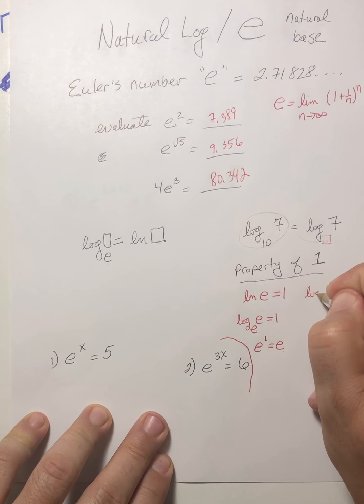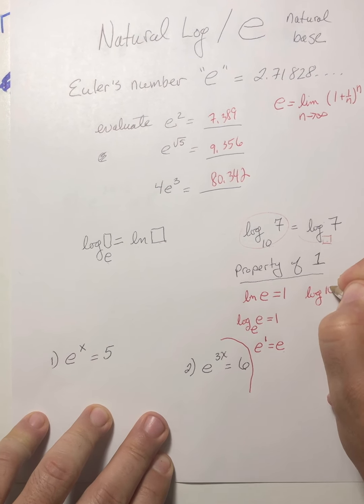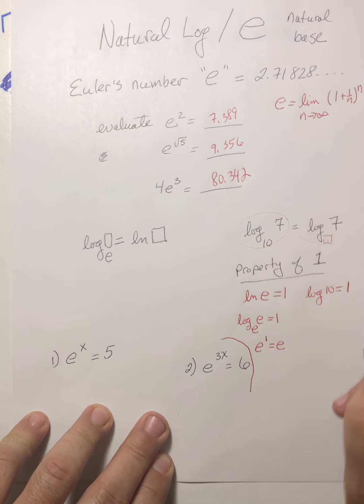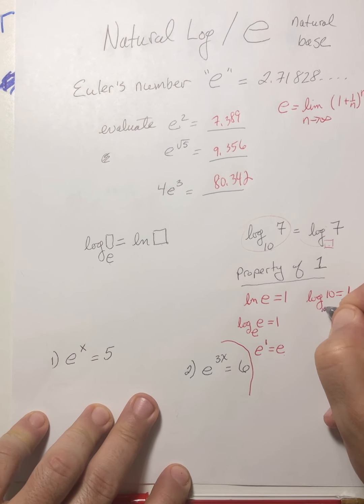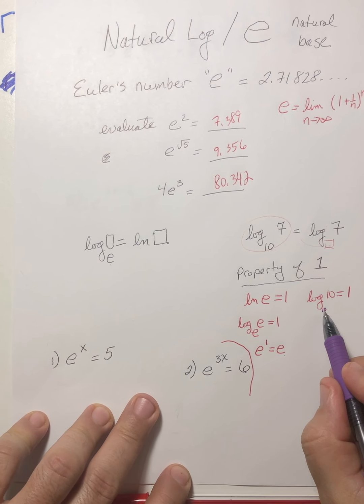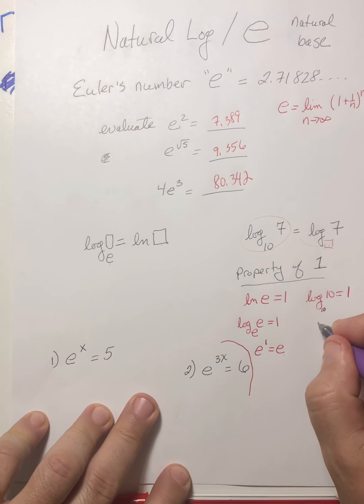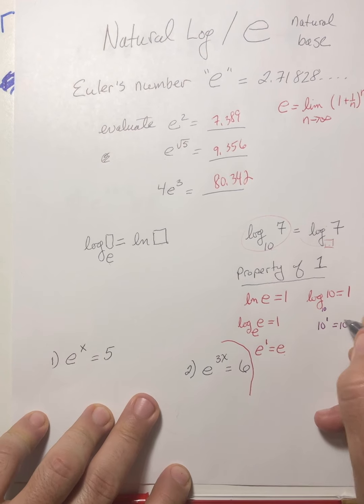Look at this. log of 10 is equal to 1. What's the base here that's not showing? That's right, you should be saying, that's base 10. I don't have to write it in there, but I will. Now I'm going to change this to exponential format. So it's 10 to the power of 1 equals 10. That's right.